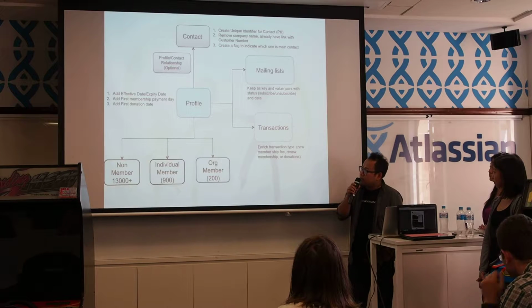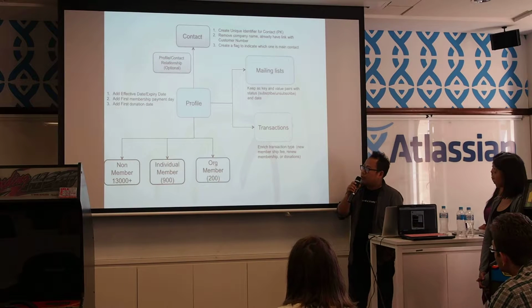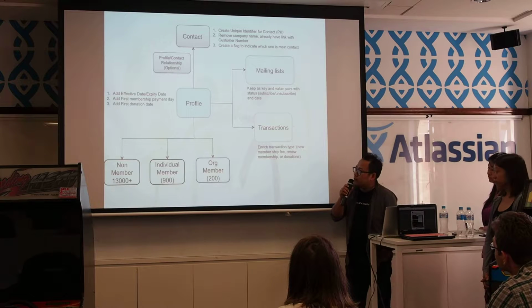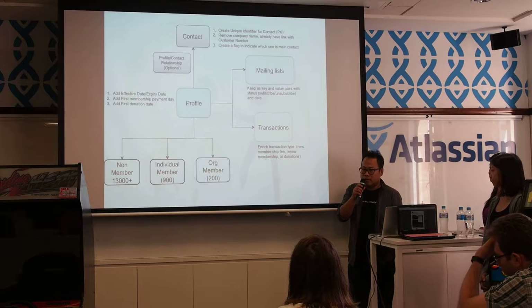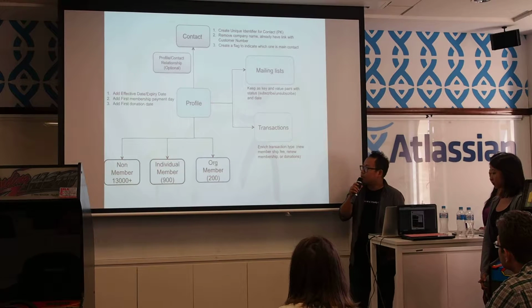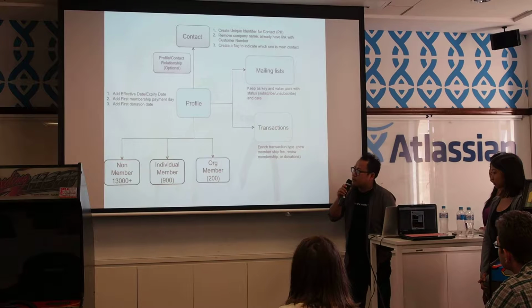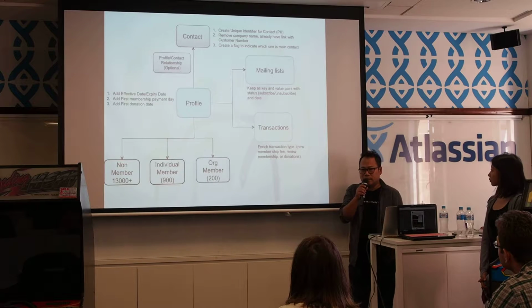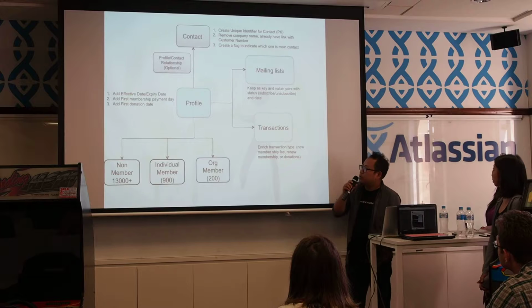In that case, it's better to create a new attribute in the profile table to record when the membership payment starts, instead of using the transaction data to derive it. Something like the first time this member made a donation as well. That's our suggestion for the profile.